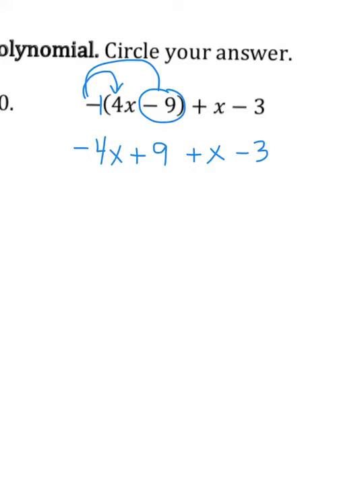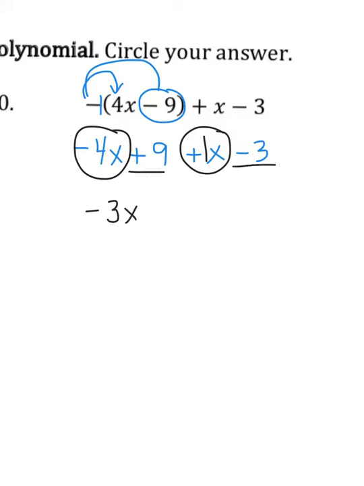Okay, now I can combine negative 4x plus an x. That's a 1x. Negative 4 plus 1, negative 3x. And 9 minus 3 is going to be a positive 6.